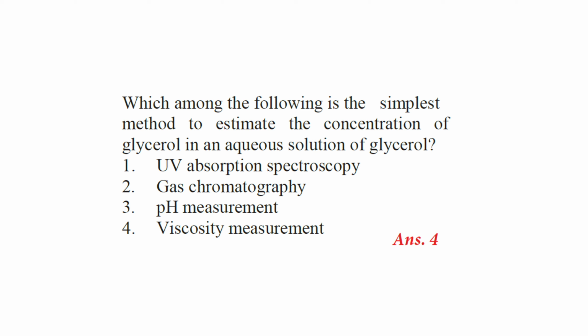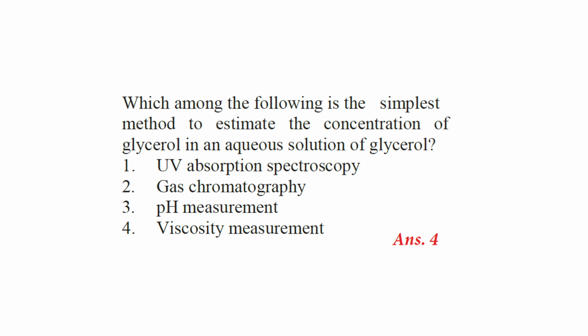Next. Which among the following is the simplest method to estimate the concentration of glycerol in an aqueous solution of glycerol? Option 1 is UV absorption spectroscopy, option 2 gas chromatography, option 3 pH measurement and option 4 viscosity measurement.